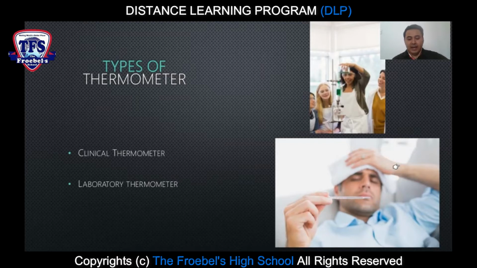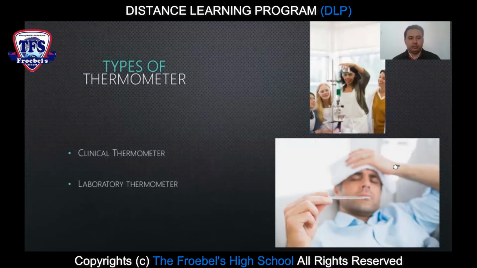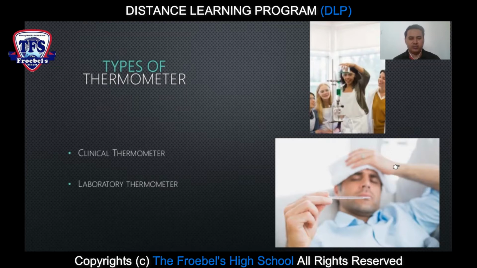Number three, it has a high boiling point, about 357 degrees centigrade. Mercury expands uniformly, it responds quickly to temperature change, and it has a visible meniscus. Meniscus means we can easily determine the exact value on the scale without any personal error, right? But although mercury has so many advantages, it has a few disadvantages as well.